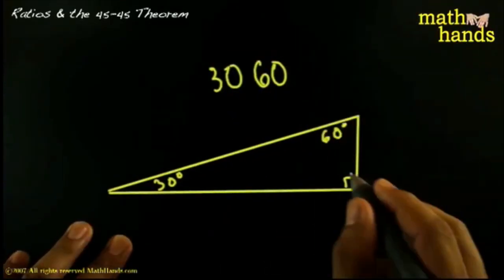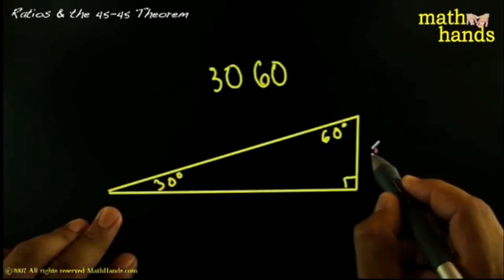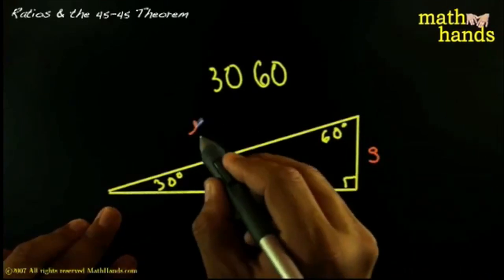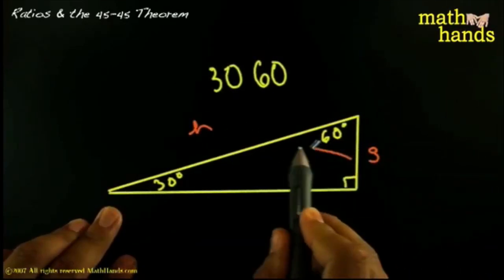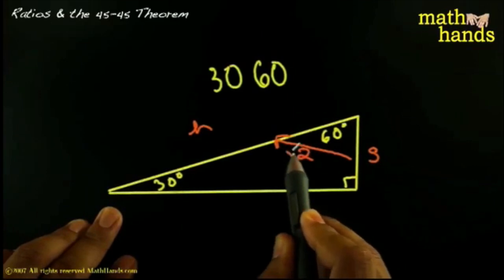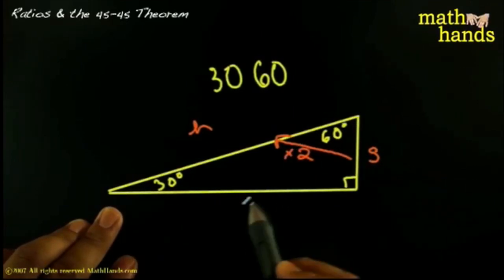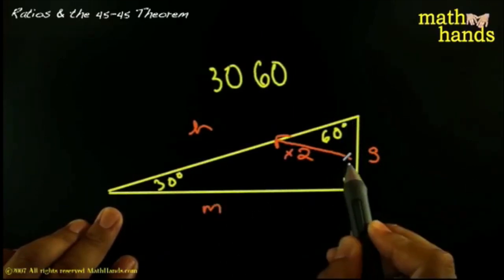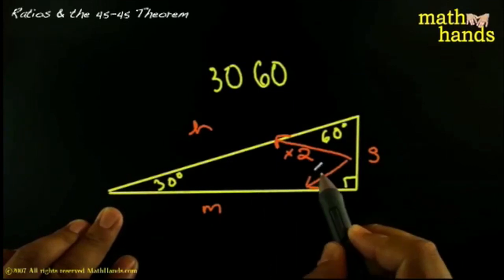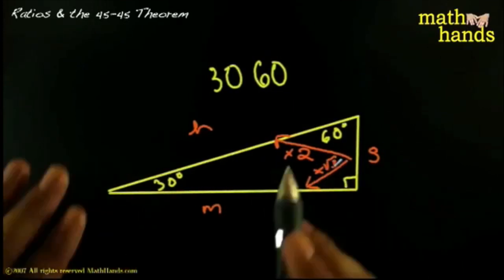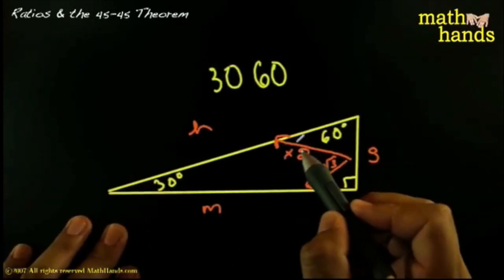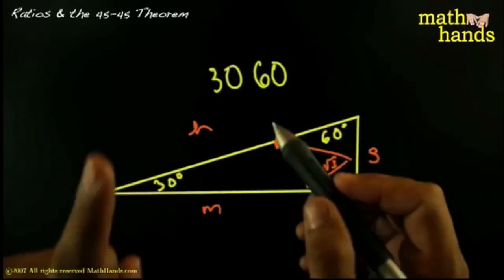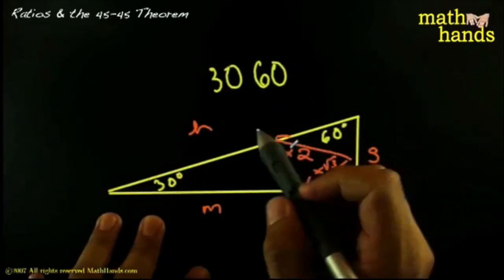That was a nice thing because we knew that across from 30 is the small one, across from 90 is the hypotenuse, and we knew the following ratio. To go that way, the ratio is 2. You multiply by 2. And across from 60, you find the medium one. To go that way, you multiply by square root of 3. That was good. It was a day of the ratios. Knowing the ratios is good. All you need is one side, and the ratios will give you the other two sides.